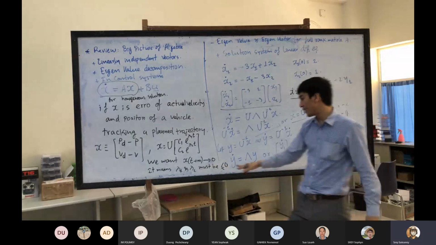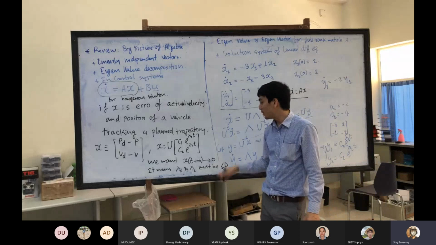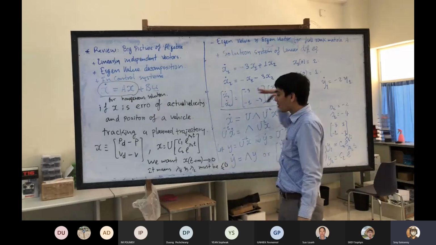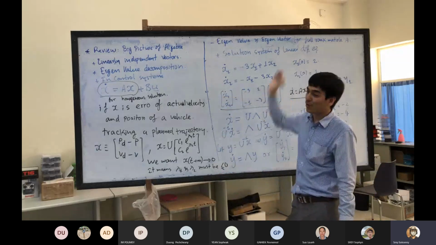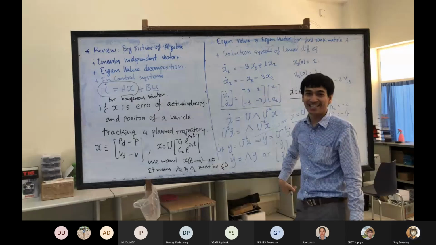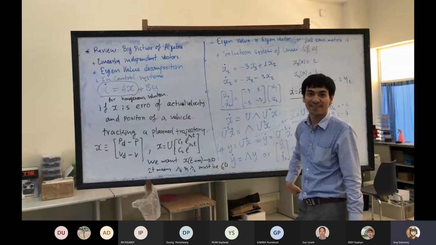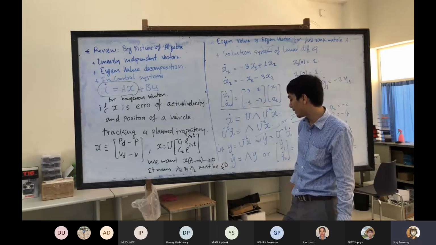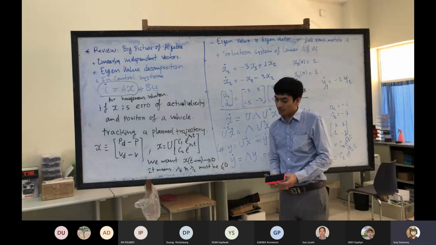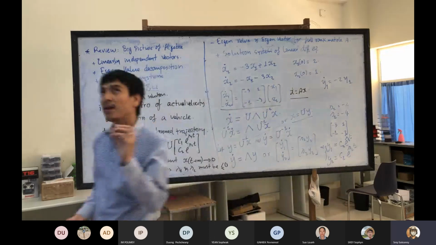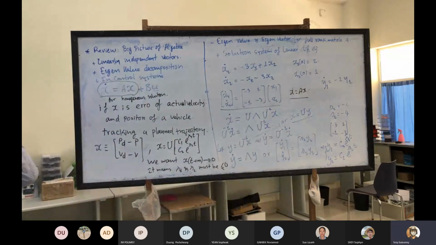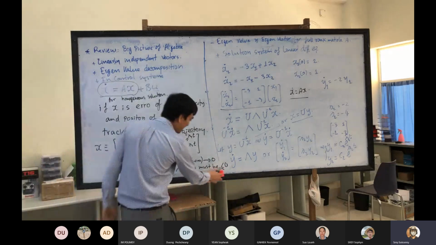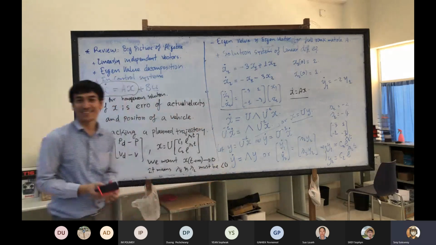If lambda equals 0, you get a constant at some point, not growing, not decaying, so it's still stable. But in most cases, if it does not go to 0, the error is not 0. So it should be strictly less than 0.